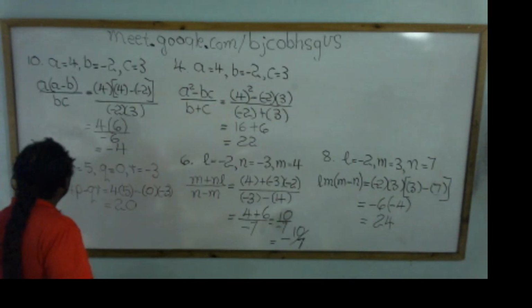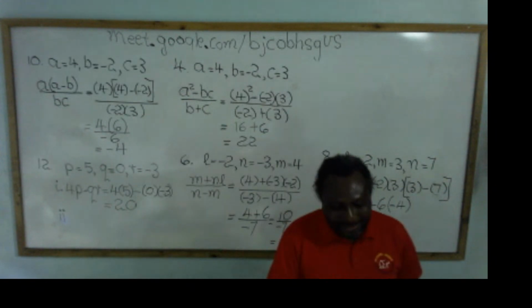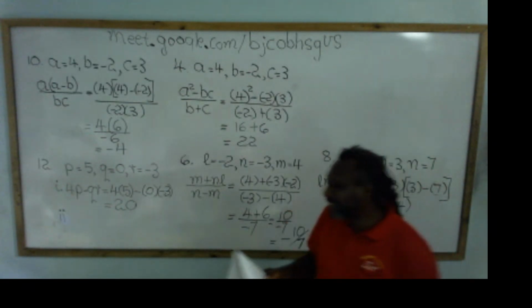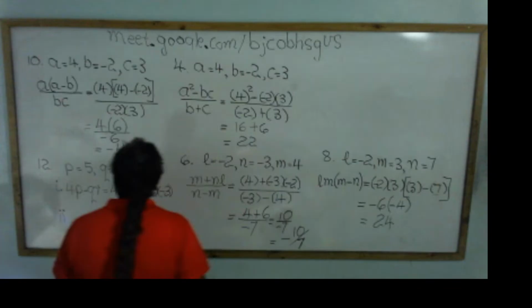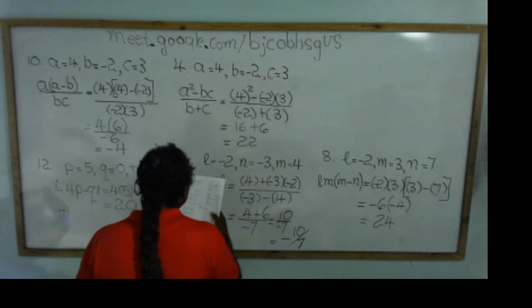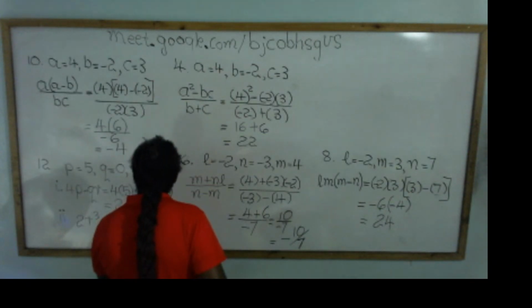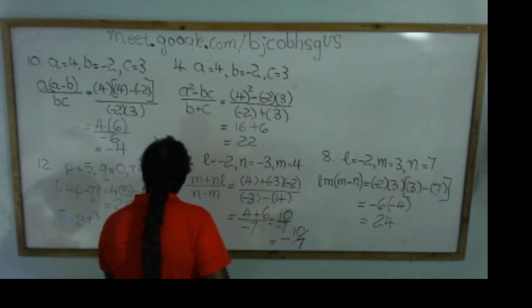Roman 2. What do we say about Roman 2? 2r to the power of 3. 2r to the power of 3 is equal to what? 2 times something to the power of 3.